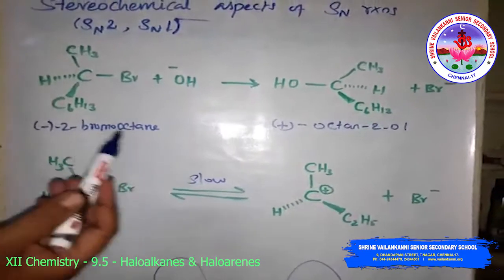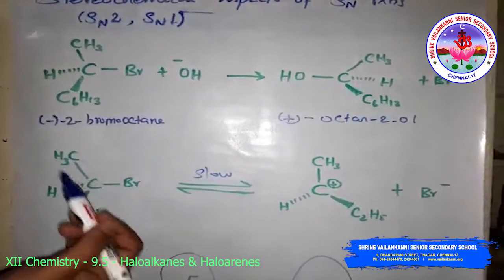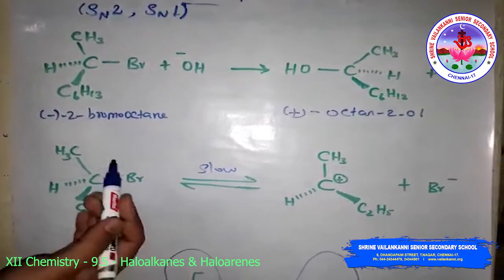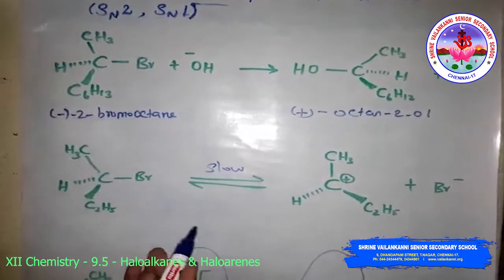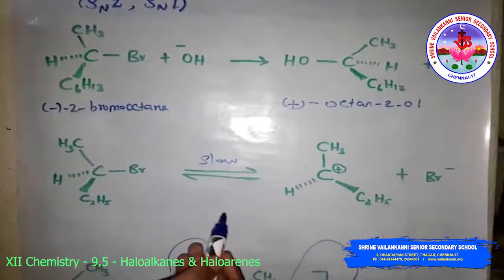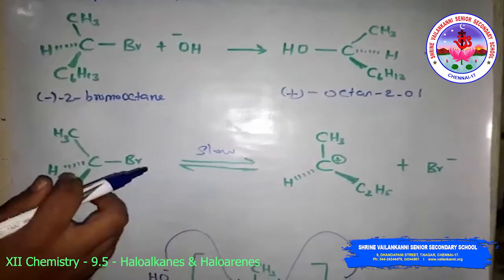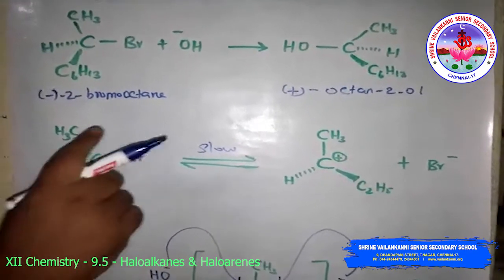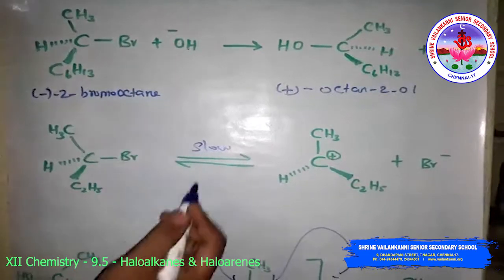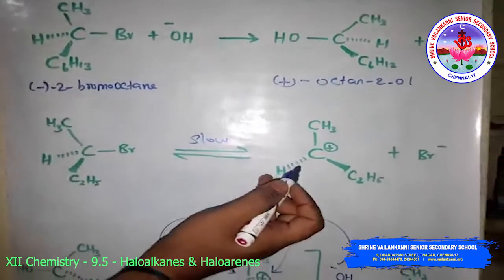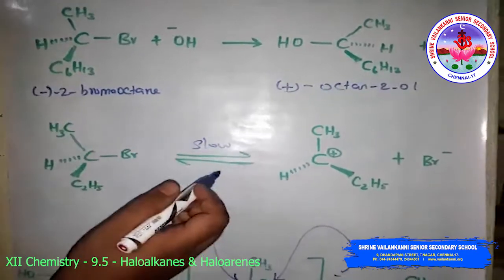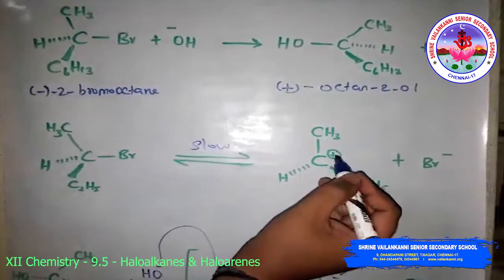So in the case of optically active alkyl halides, the SN1 reaction mechanism is accompanied by racemization. That means a mixture of inverted and retained configuration. See, actually the carbocation is formed in the slow step. Look at this, the carbocation formed here. It is a two-step mechanism. So the carbocation is formed in the first step.